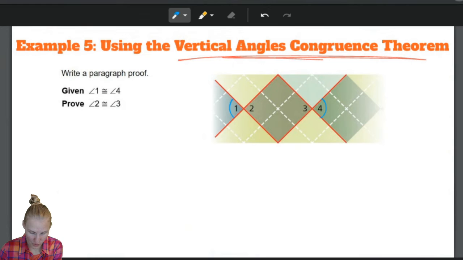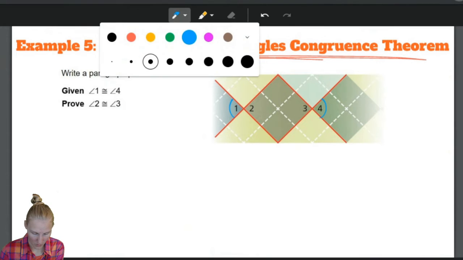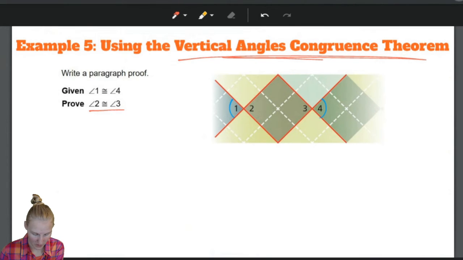And I want to prove that angle 2 is congruent to angle 3. Do you believe this? Do you believe that 2 is congruent to 3? Well, 1 and 2 are vertical angles. So because they're vertical angles, 1 and 2 are the same, right?